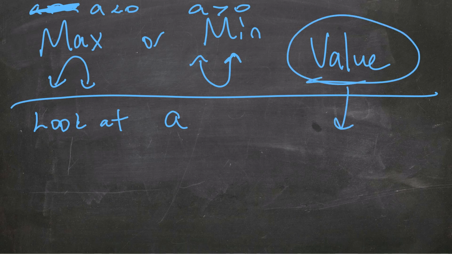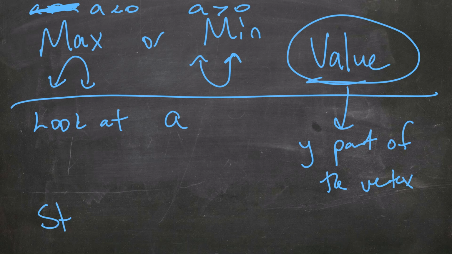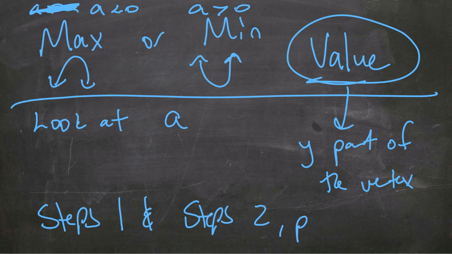The value is the y part of the vertex. So basically, you're going to do steps 1 and 2, and part of 3. No graph. All right, that's it for max.